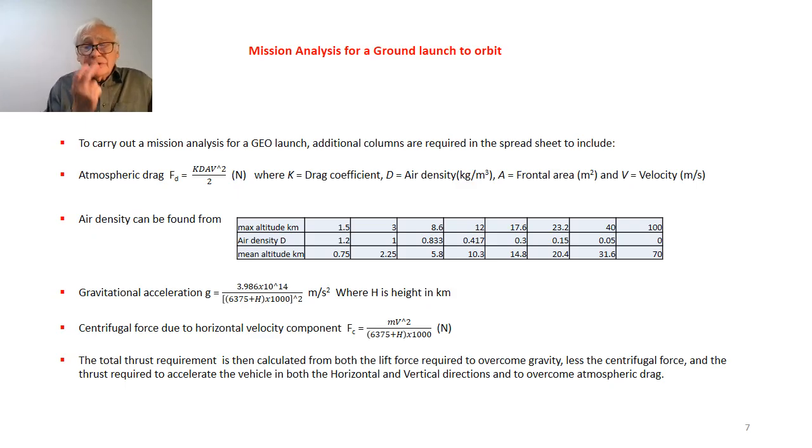And this, of course, is why you obtain orbital conditions: when the centrifugal force generated from the horizontal velocity balances out the Earth's gravitational acceleration. So you can calculate the centrifugal force from the equation given, which is yet another column in the spreadsheet.